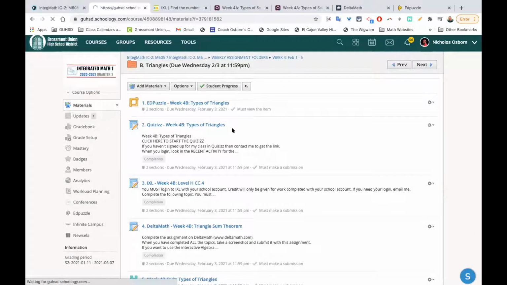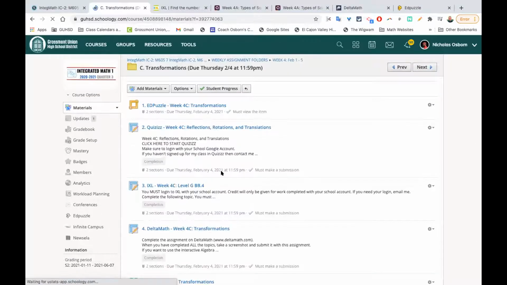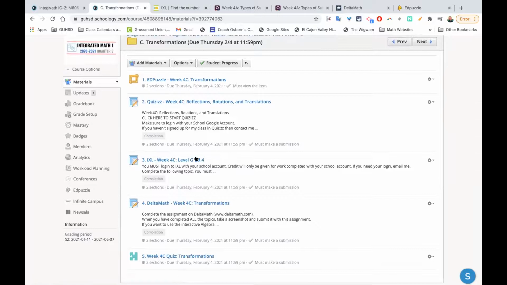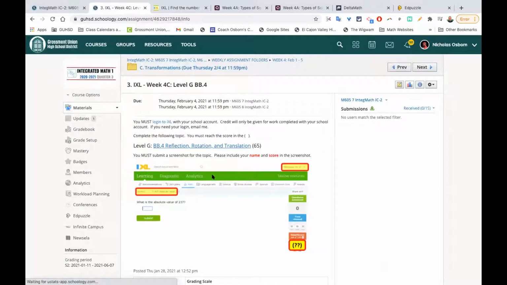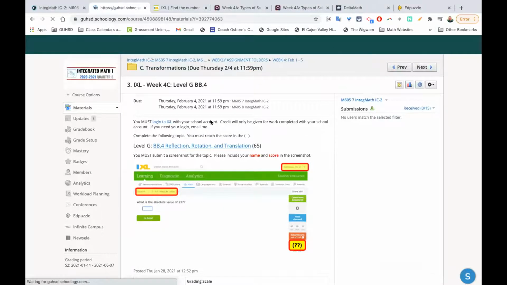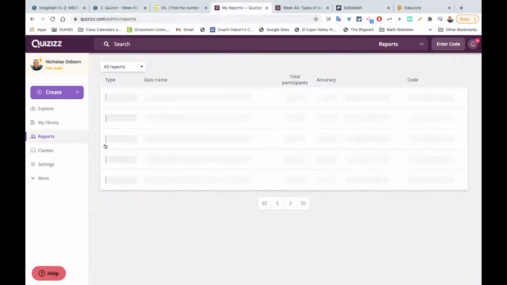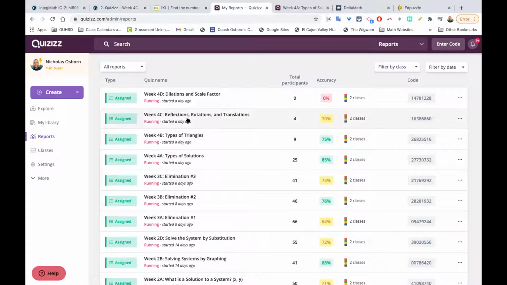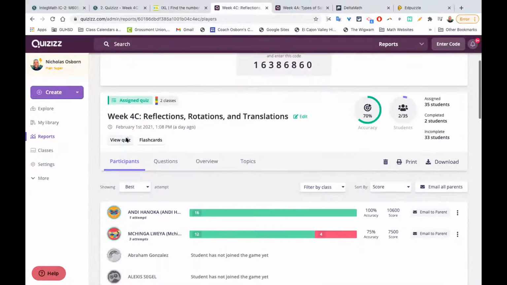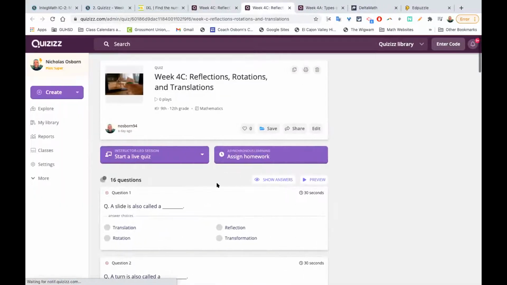And then the rest of the week is transformations. And transformations are basically like you have an object and you're moving it, and you're moving it different ways, okay? So for instance, let's look at the quizzes for this example. So you have different types of movements of shapes.